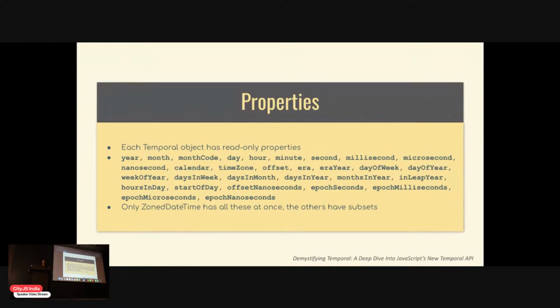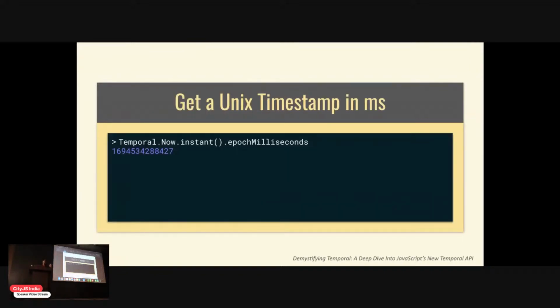So only zoned date time has all these things because it has everything. But for example, for type of the calendar, we don't have a zone. And combining all of that information, this is the line of code we get for getting a timestamp in milliseconds for the current time. Okay, this was an easy one.